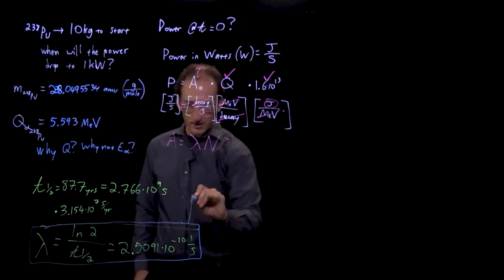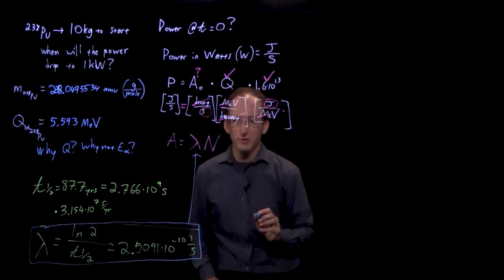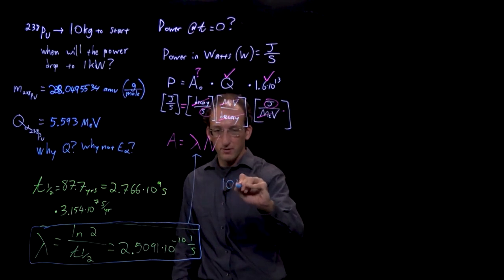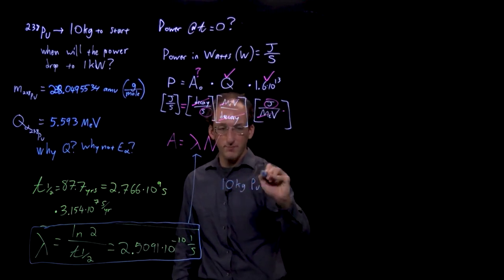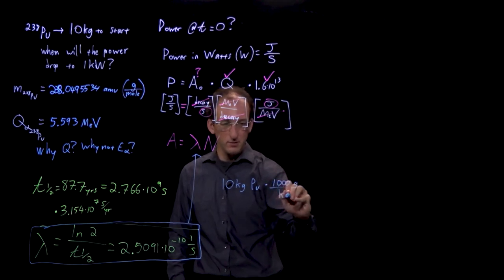We can substitute that into here. Now we need to find out the number of plutonium atoms that we have. And for that, we know we have 10 kilograms of plutonium times 1,000 grams per kilogram.